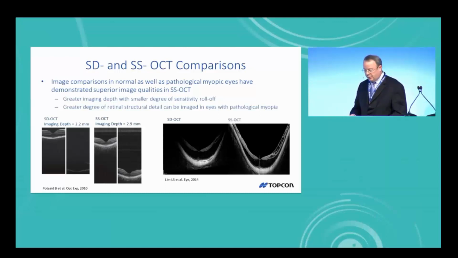And this is a big part of why we named our swept source systems DRI, or deep range imaging. That not only are we able to penetrate through the retina and get a good view of the choroid, but at the same time we're able to see information in the upper part of the image and lower part of the image space.